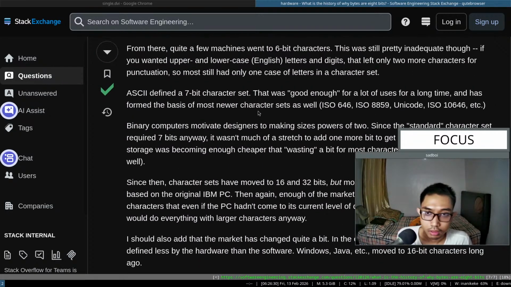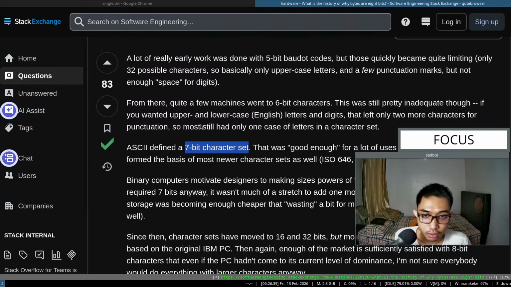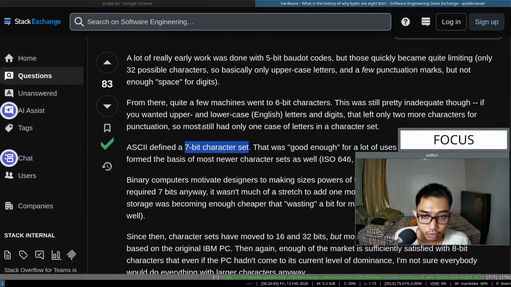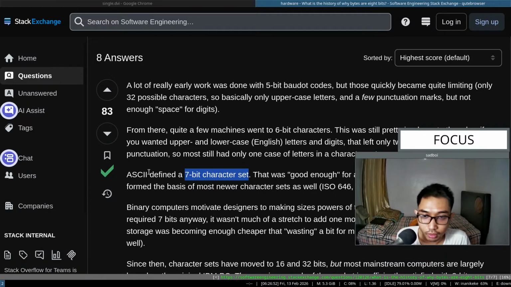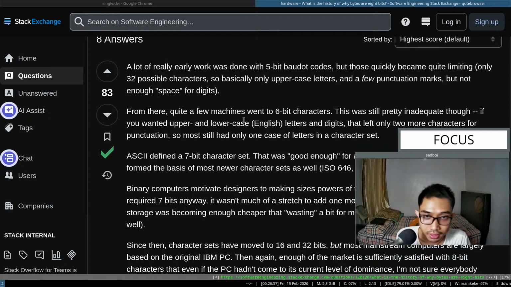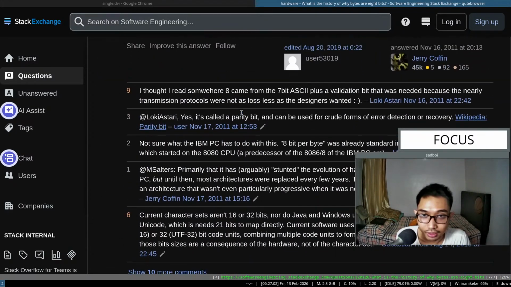So maybe it's because of the ASCII standard that we have 8 bits for 1 byte on most systems or most machines, I guess. But for the accuracy of that, I'm not really sure.